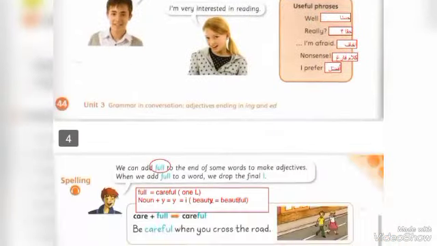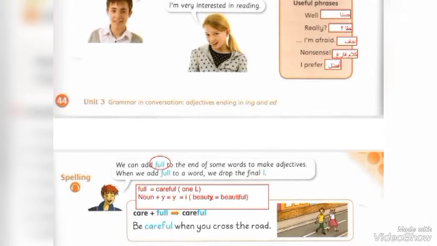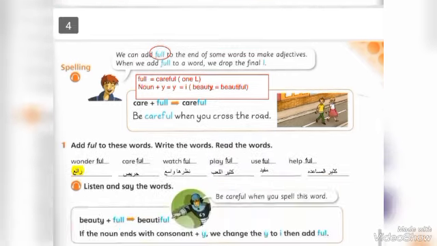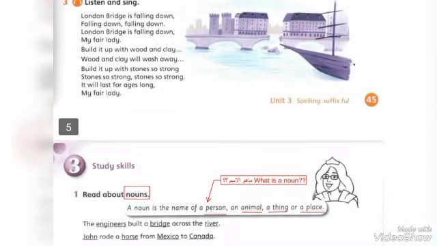Okay, this is the spelling lesson. It's very important. Also, you have to study the words and meanings from the vocabulary question, which is question 2 on page 45.